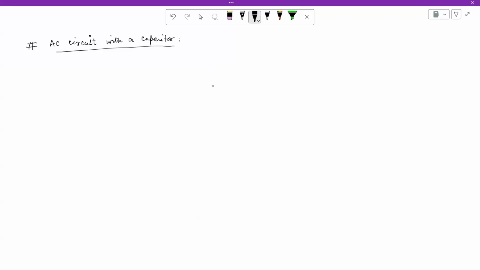So what do we have? Again, we have this supply, and then we have this capacitor. So this is V naught sine omega t, and this is C, the capacitance, right? So again, V equals, what is the capacitance relation?